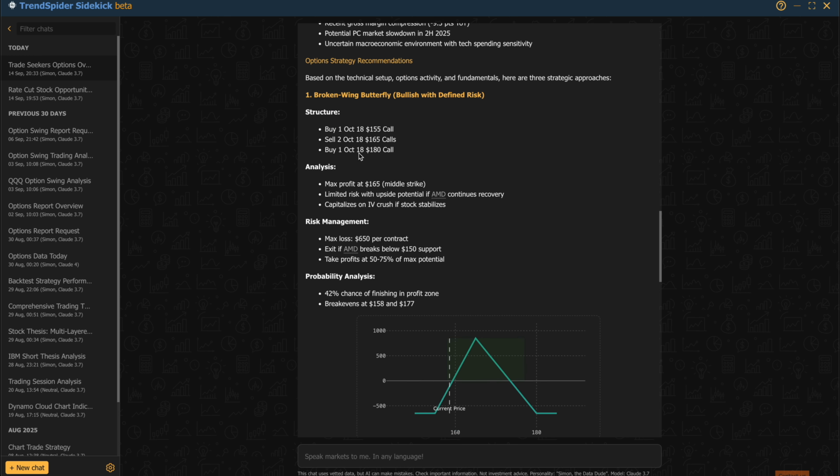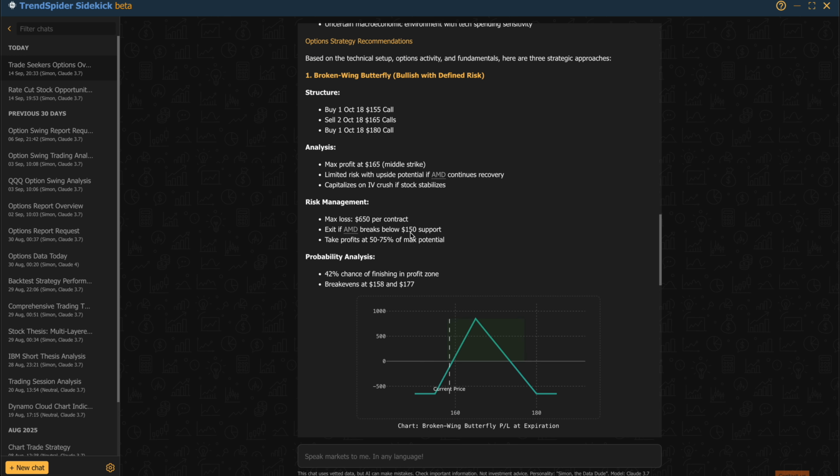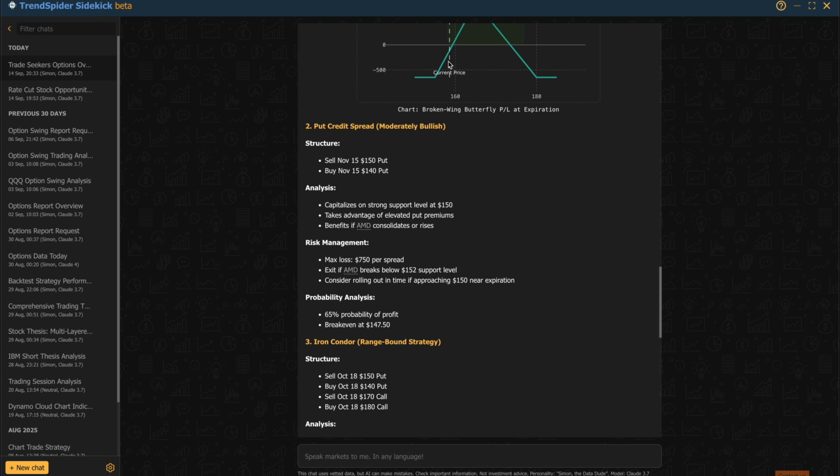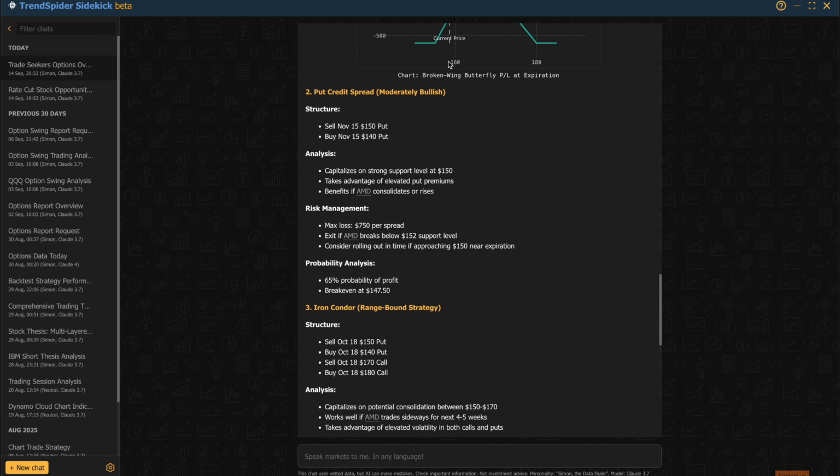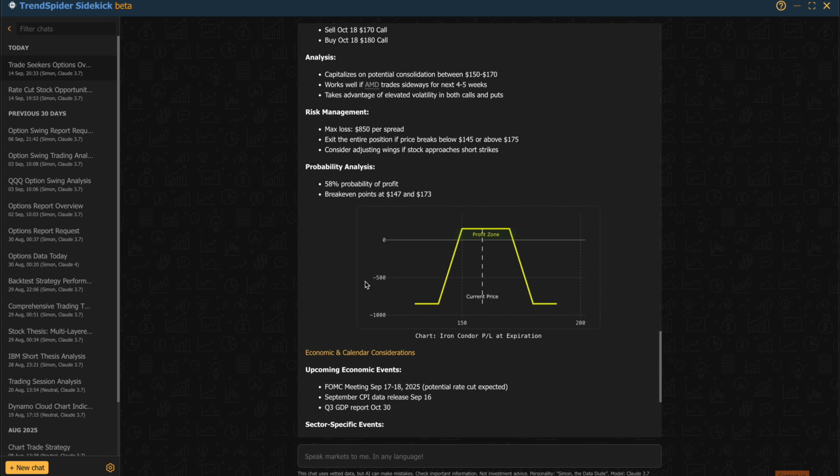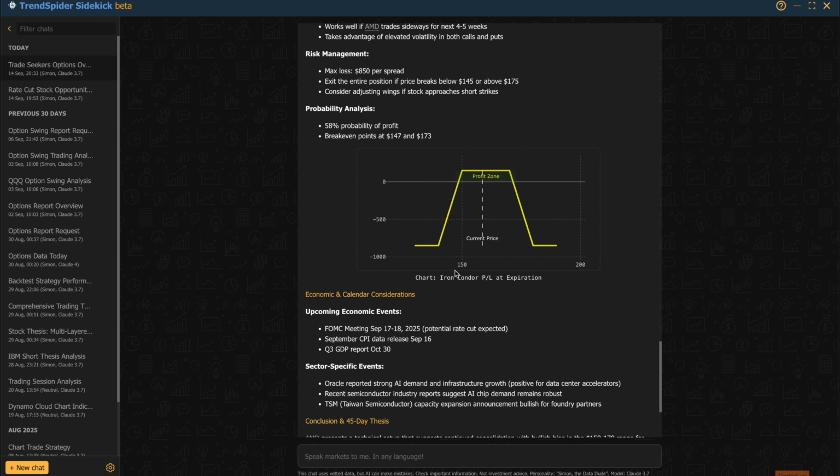And it pulls out a couple options swing trades that I like. I prefer condors, butterflies, and credit spreads. So it pulls these out. I ask it to give me some probabilities, strike prices, expirations, profit, loss, probabilities, etc. And put a little risk graph out there. So that's what this is.